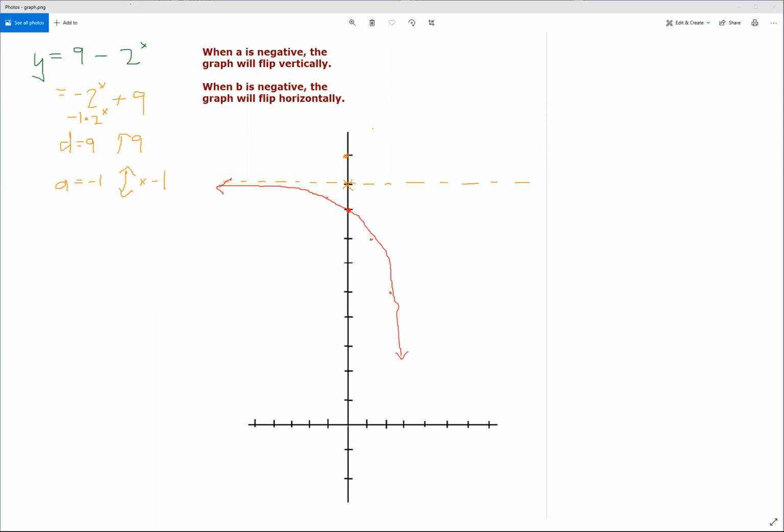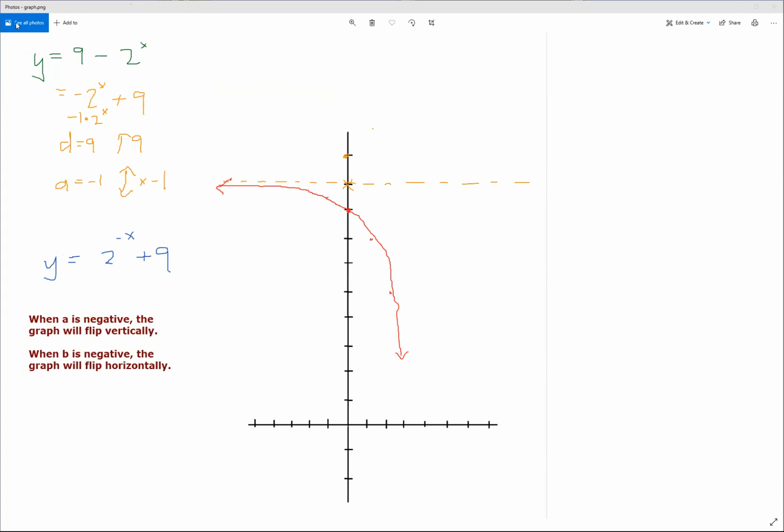So what does that look like? Well, let's suppose I said y equals, so versus 2 to the x, we have 2 to the negative x plus 9. I'm going to have to move this text over here because it's going to be in the way. We're still on the plus 9 thing, right? We still have a d value of 9.